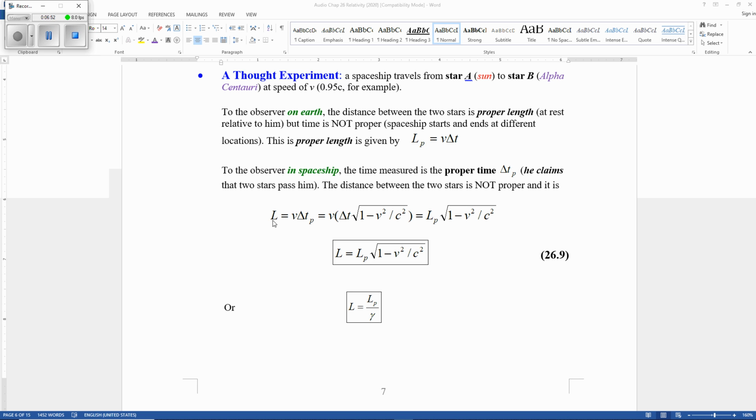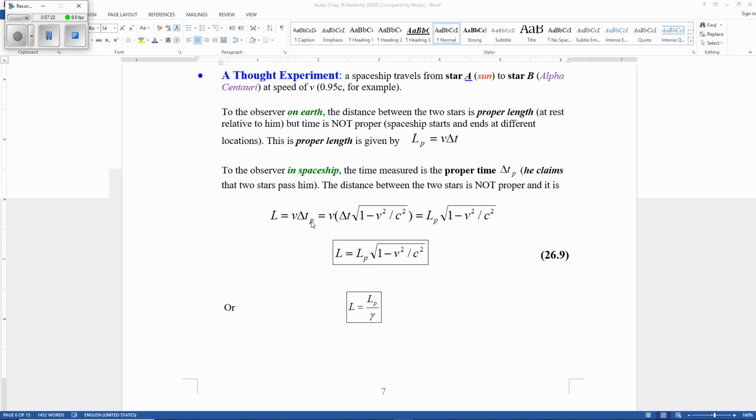Okay, so now the pilot measures the distance equals v, well, they have to agree on something, they agree the speed is the same, times delta tP, the proper time. So we plug in the numbers: v times delta tP.